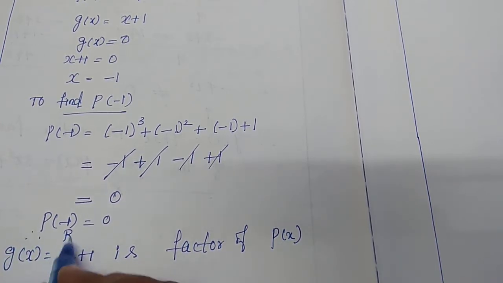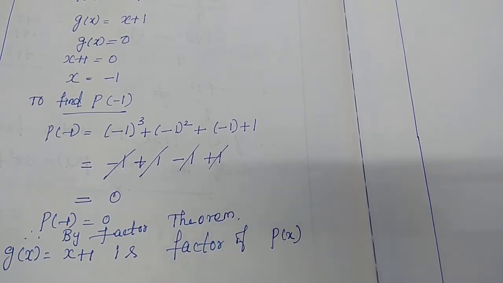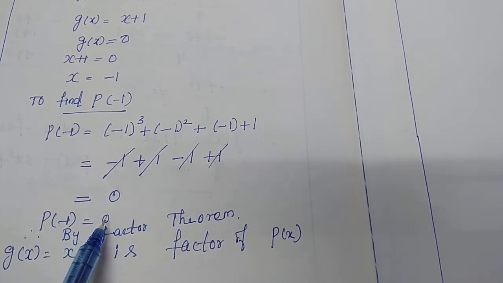Therefore, by factor theorem, g of x equal to x plus 1 is a factor of the polynomial p of x. Factor means the remainder comes out to be 0. The polynomial x plus 1 is a factor of the given polynomial p of x. Division number 1 over.